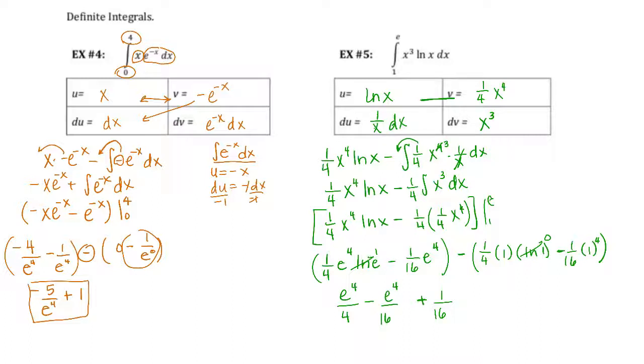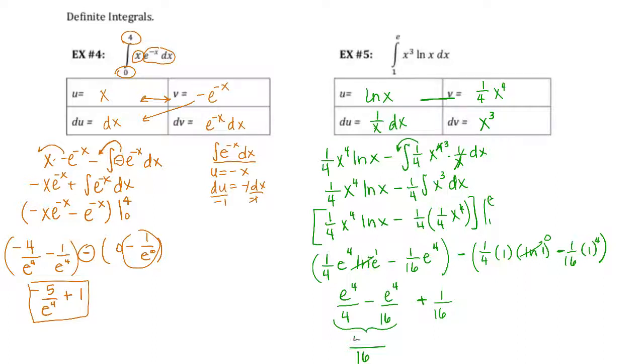Now, if you really need to get a common denominator here, do keep in mind these two. Your denominator would be 16, and of course to get something over 4, if we multiply through here, that's 4 over 16.